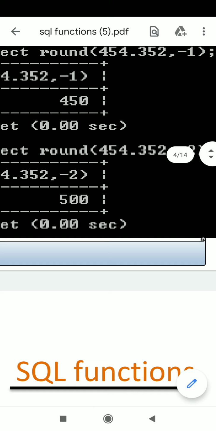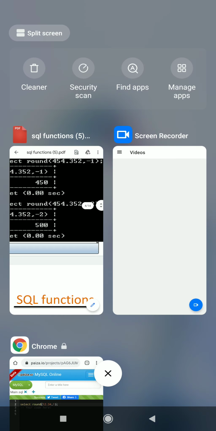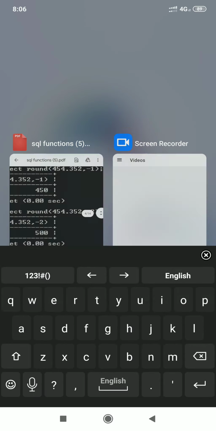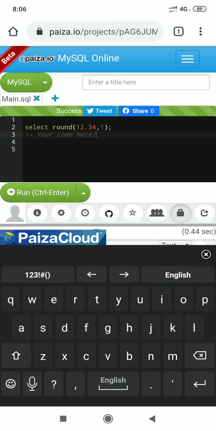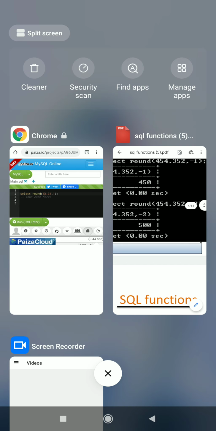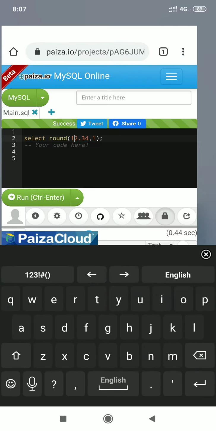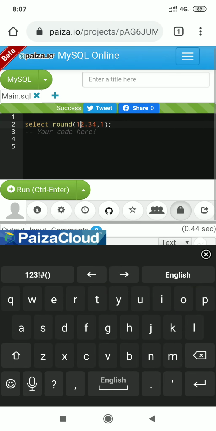Now students, we perform the same operation practically. We take the same example of value 454.352.